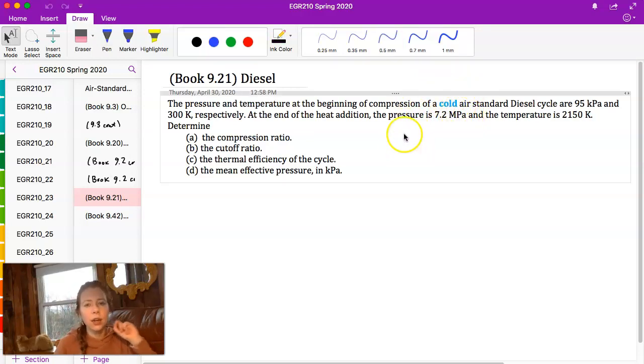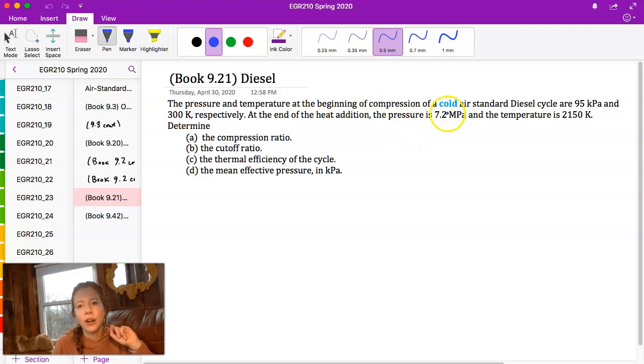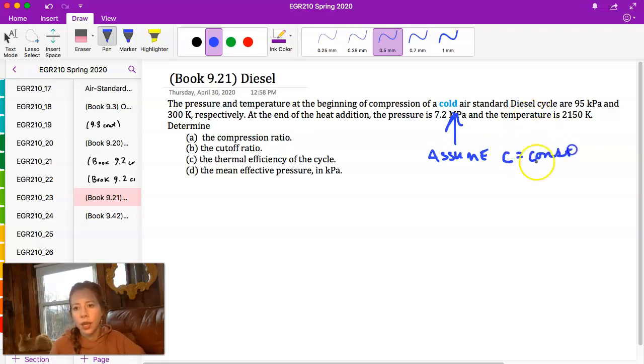And so the key here is when you see cold air standard, this tells us we can assume constant specific heat capacity at our low temperature. And so our low temperature here is going to be 300 K. So assume c equals constant specific heat at 300 K for the whole cycle.